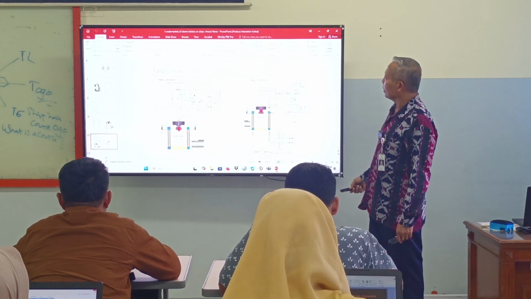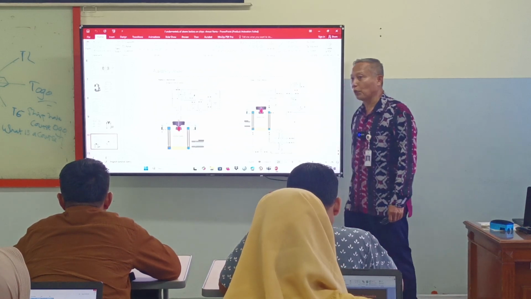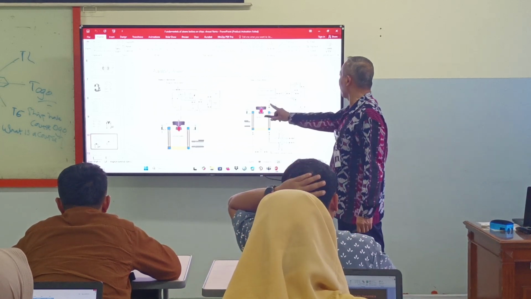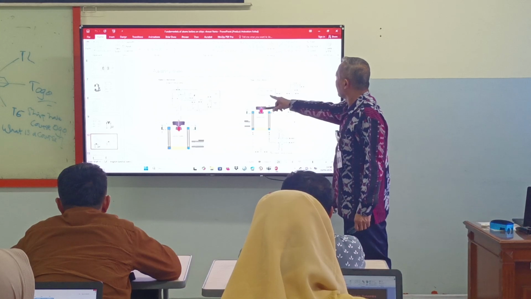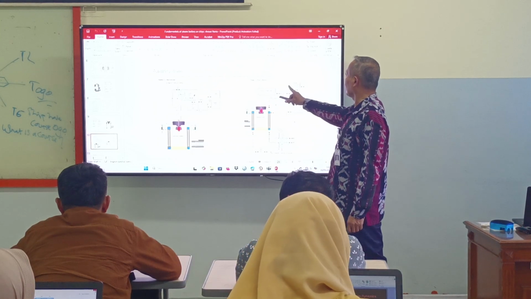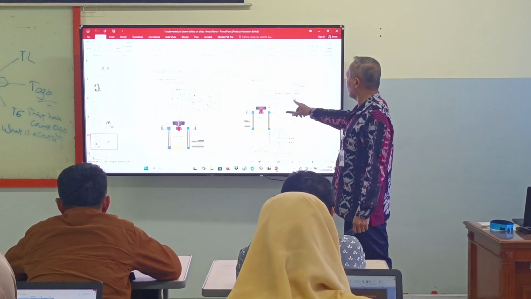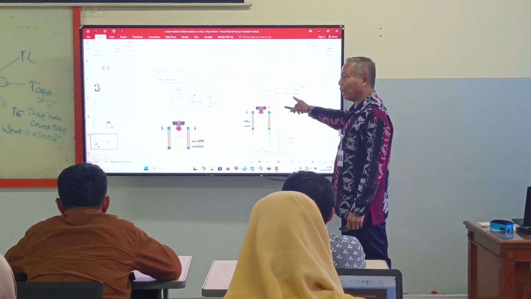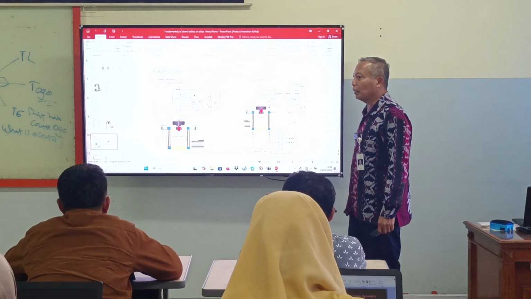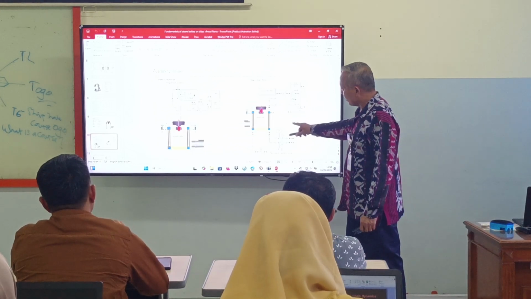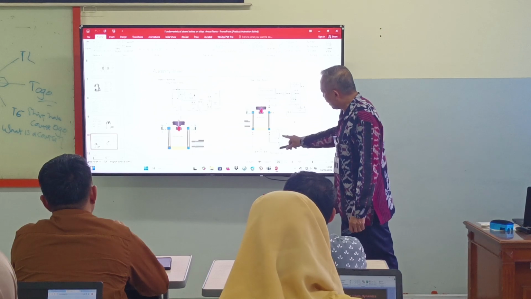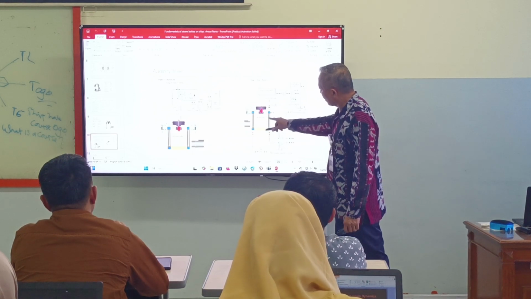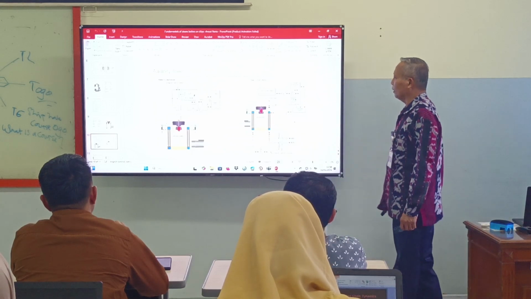Okay, and then the fresh water diagram. This is the cascade tank, storage tank, then water softener, chemical, pH control, and the feed water pump to the water in the boiler.